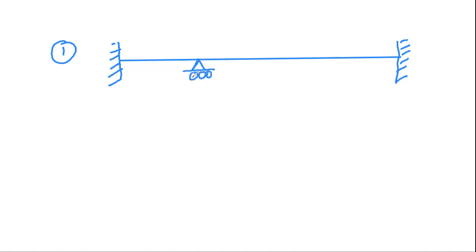So I'm taking this rigid support, and here also I'm having one more rigid support. Here the loadings are like this. In the first span, a UDL is given. In the last span also a UDL is given. In the center span, the mid span, there are two concentrated loads.